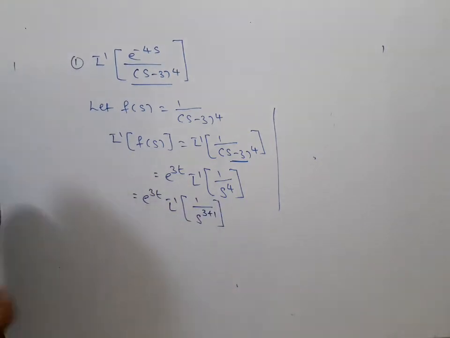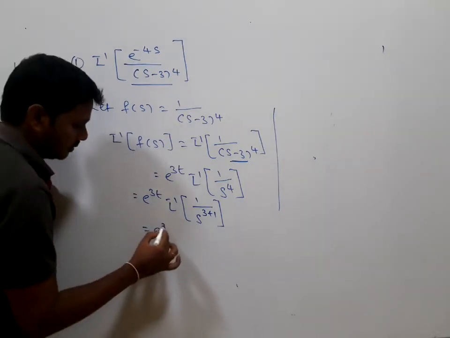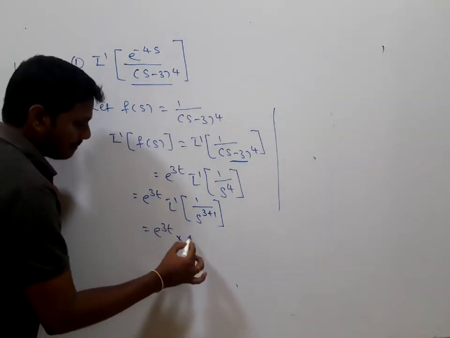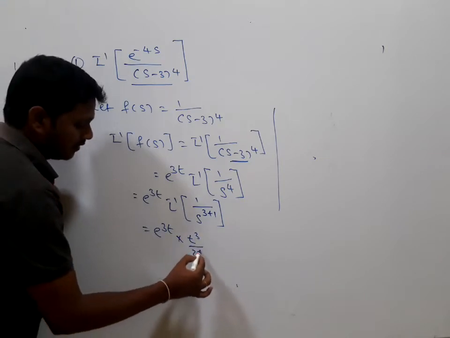If n is a positive integer, then L inverse of 1 by s to the power of n plus 1 can be written as t to the power of n divided by n factorial. So which is t cube divided by 3 factorial.